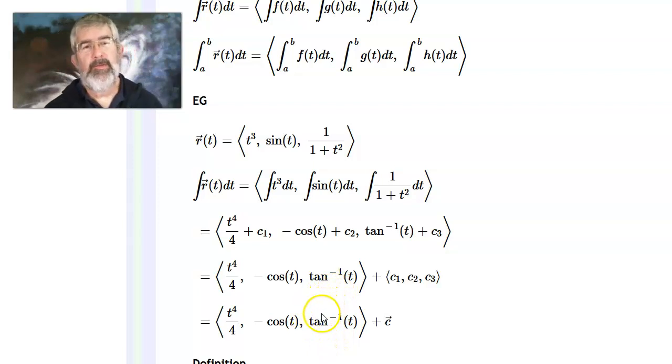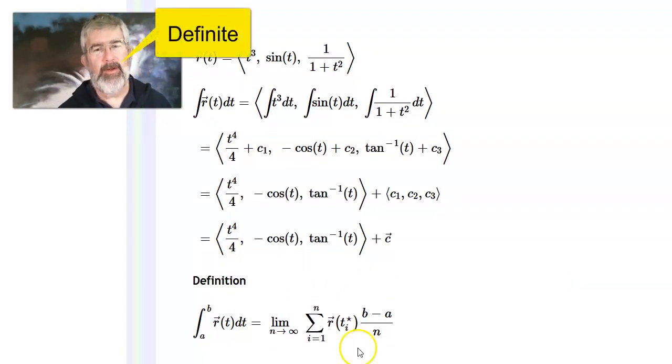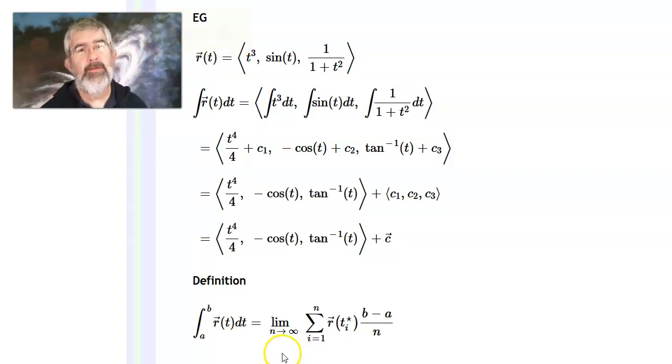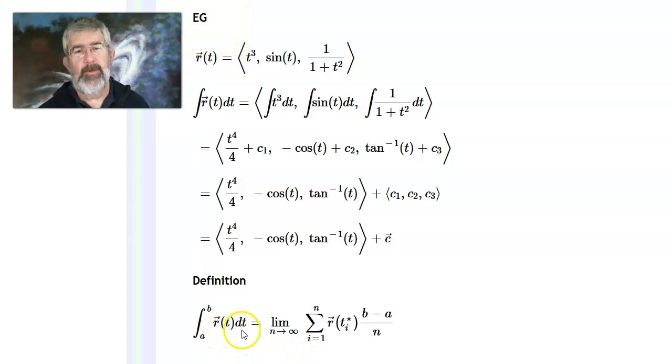Now, this is pretty straightforward. However, this is not actually the definition given by many other textbooks. For instance, the definition that I'm used to seeing for the integral of a vector function looks a lot like the definition that you see in Calc 2. That is, you're integrating on the interval from a to b, that's t equals a to t equals b.